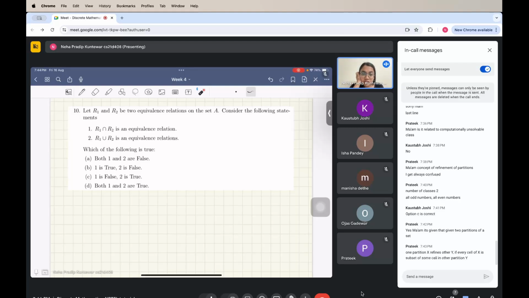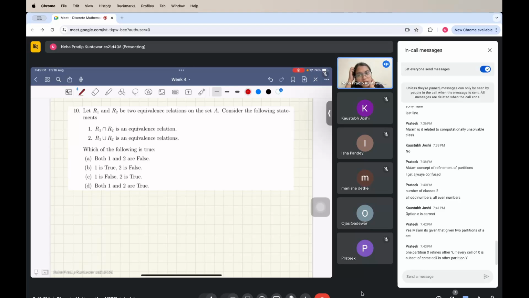Ojas, Isha, Kaustub, any of you. Others are also welcome. So would you like to? Ma'am, the recent example was like a plus b is an even number, and we partition it into odd numbers and even numbers. So let's say they are two equivalence relations of odd numbers and even numbers, and if we unite them, means if we do union on them, then that would also be an equivalence relation.